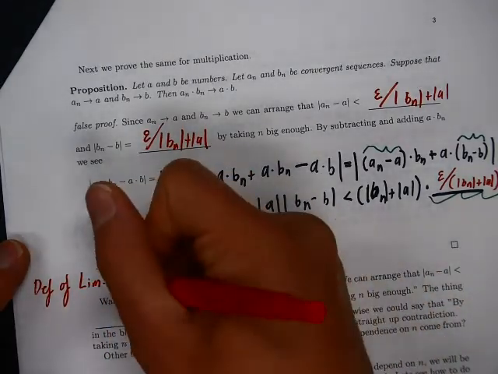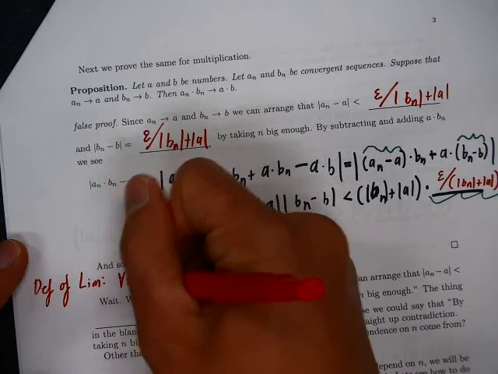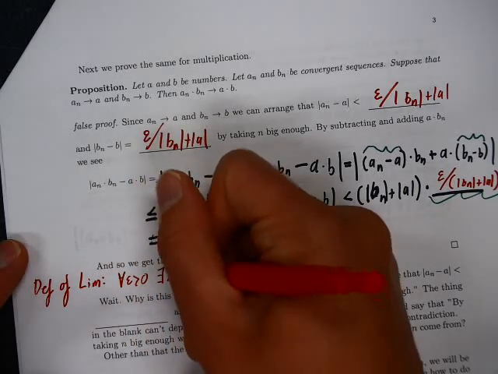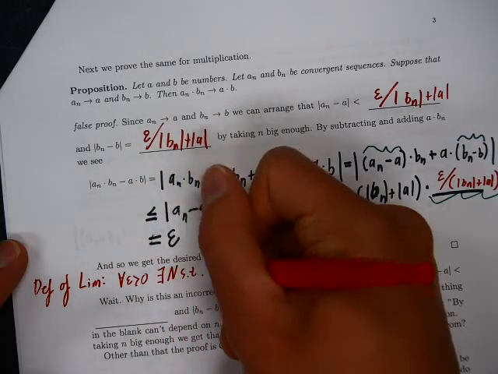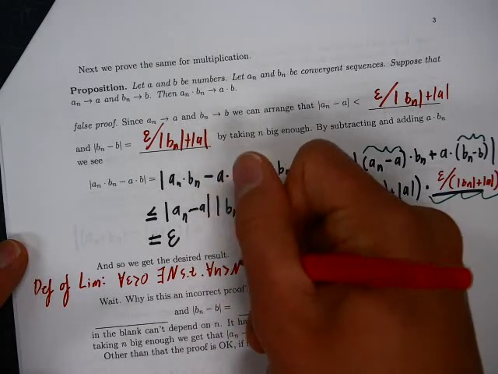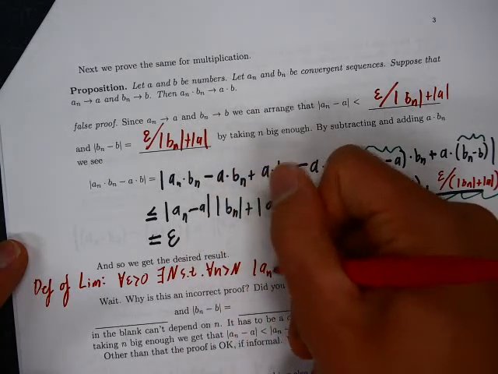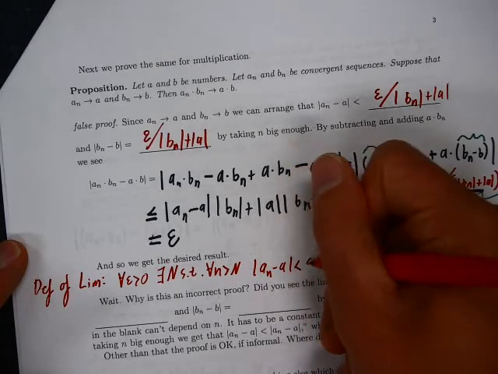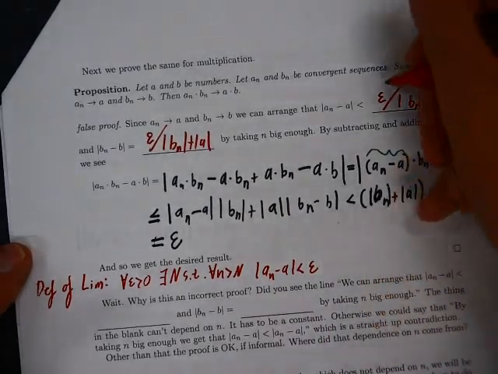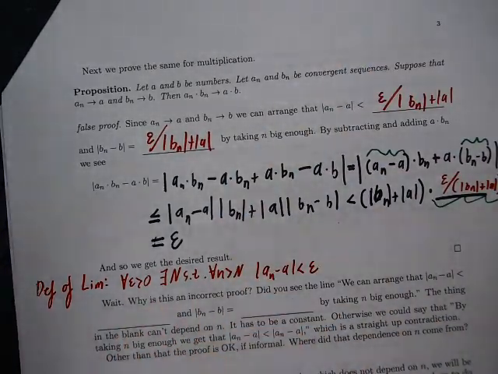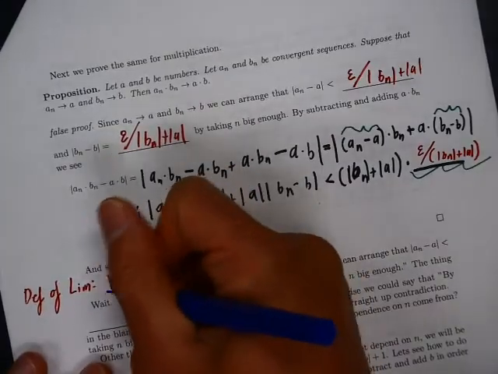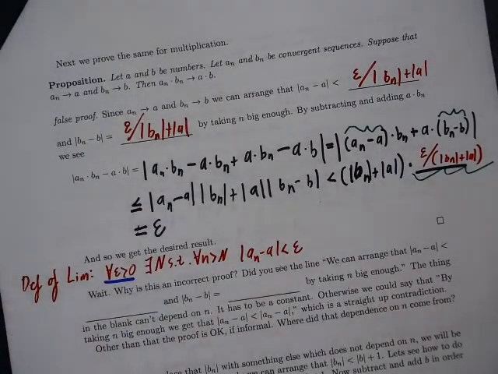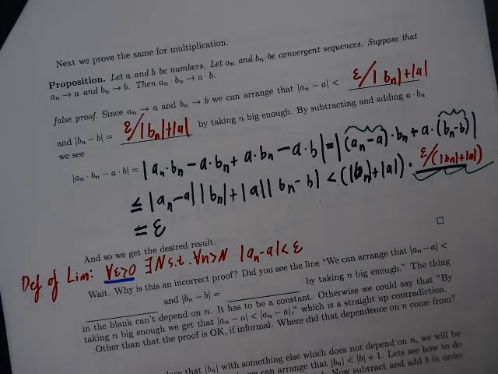The definition of limit is that for every epsilon bigger than 0, there exists some big N such that for all little n bigger than big N, absolute value of a sub n minus a is less than epsilon. So in particular, look at this. This choice of epsilon is something that can't depend on n. It can't depend on anything.